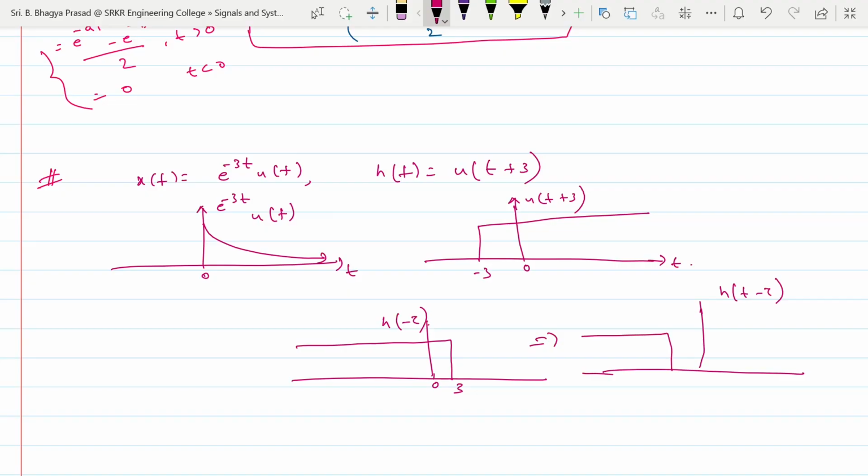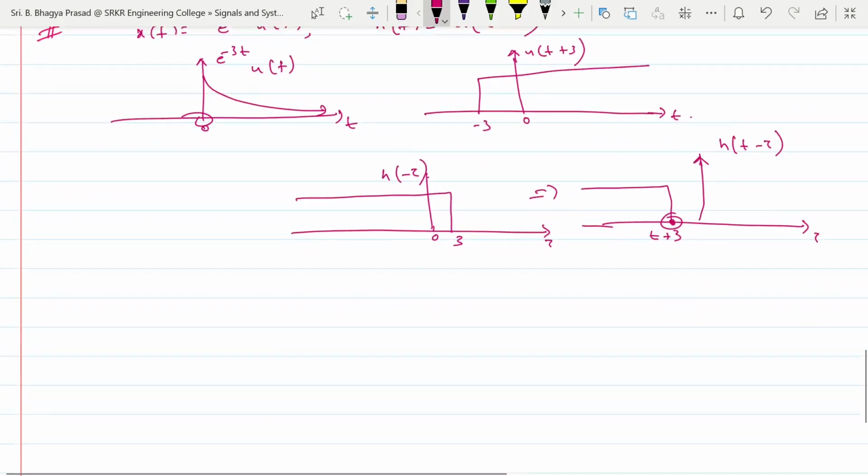For the 3 I am adding t, so this point will be t plus 3. So we have the points origin and t plus 3 importantly. Let us concentrate on those 2 points.